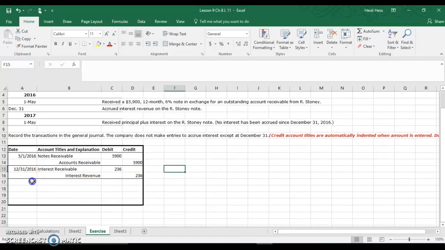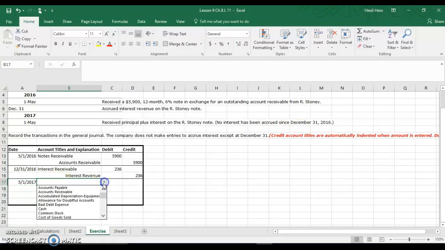And then the last one that we need to do is actually record the receiving of all of the principal plus interest for this note. And they do have a note here that says no more interest has been accrued since December 31st of 2016. So this is going to be the date May 1st, 2017, and we will have received cash.